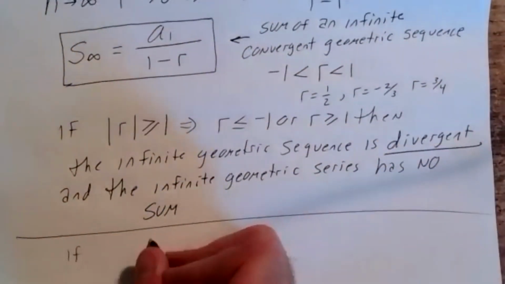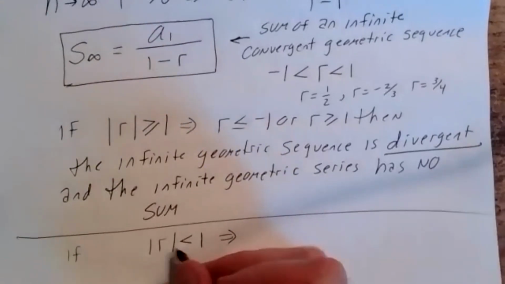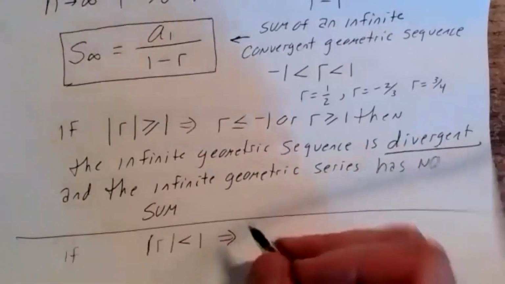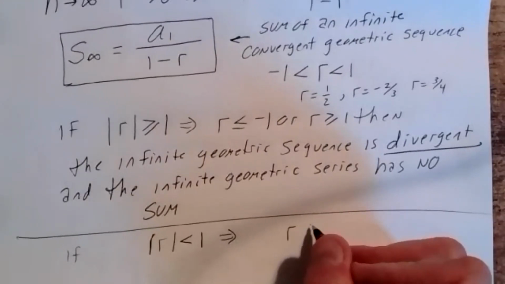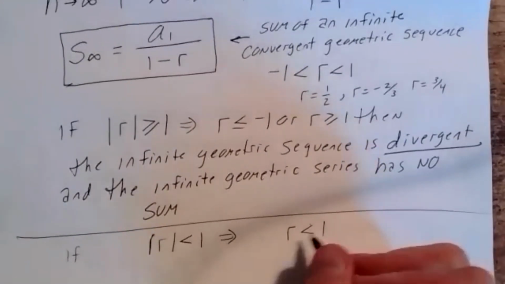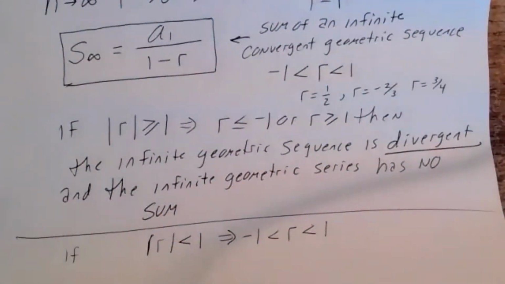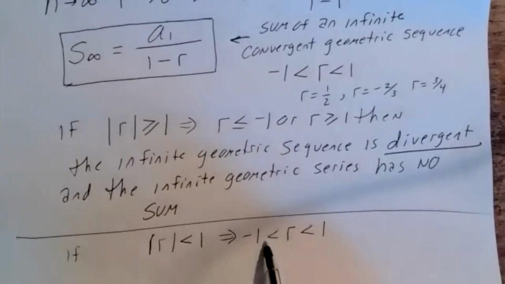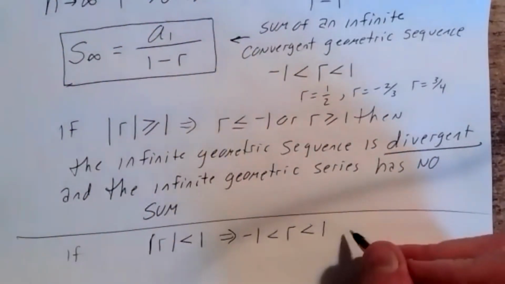If, on the other hand, the absolute value of r is less than 1, what's this implying? The absolute value of r being less than 1 is implying that r is between 1 and what? -1. That's what this is implying. Say the absolute value of r is less than 1 is implying that r has to be greater than -1, and at the same time, less than 1.